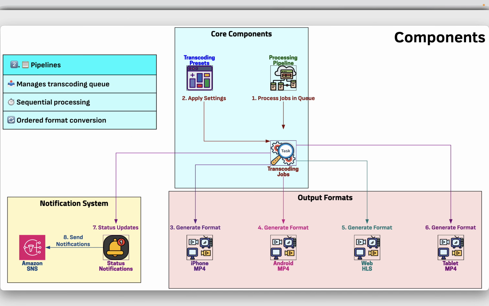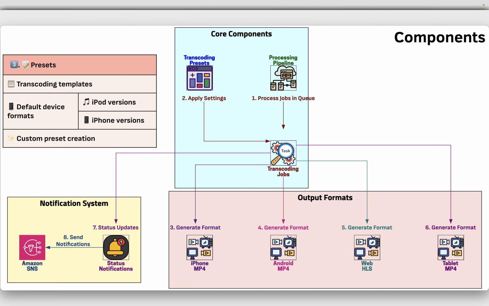Next component is pipeline, and a pipeline serves as an organized queue for managing transcoding jobs. You specify the pipeline for each job, the system processes jobs sequentially in the order of addition, and for multi-format jobs, it creates files in the specified format sequence.